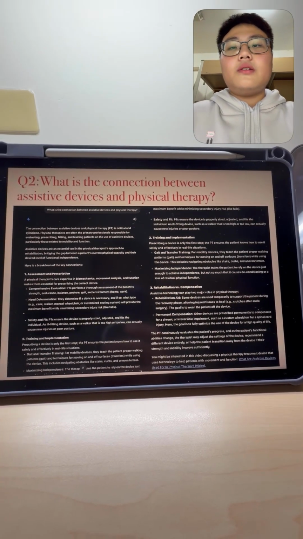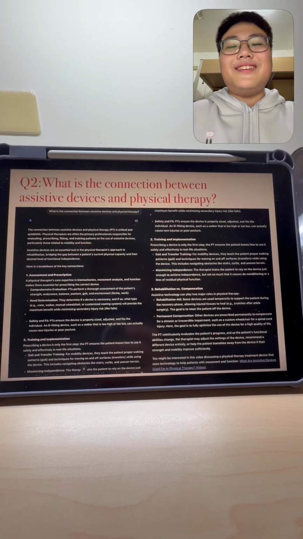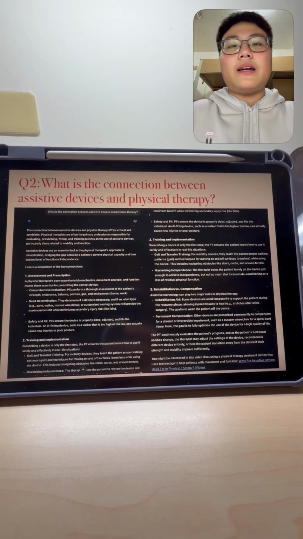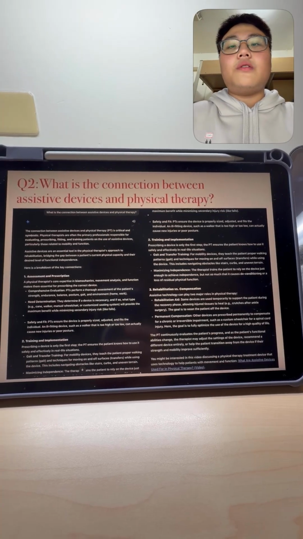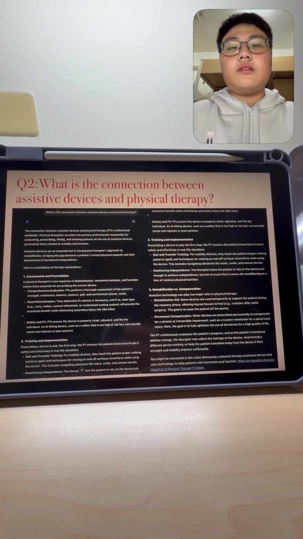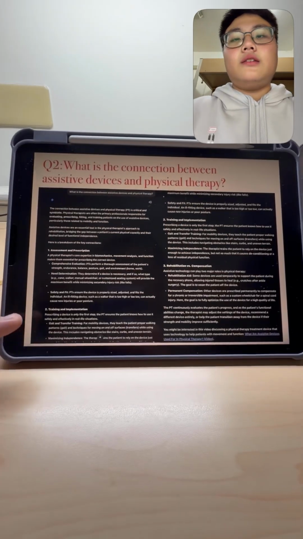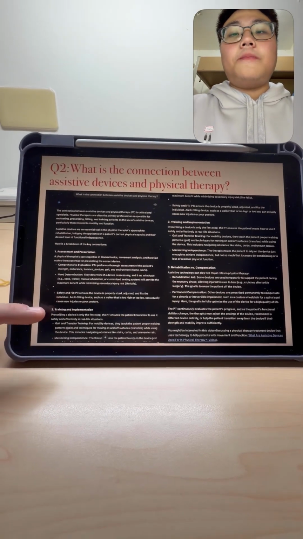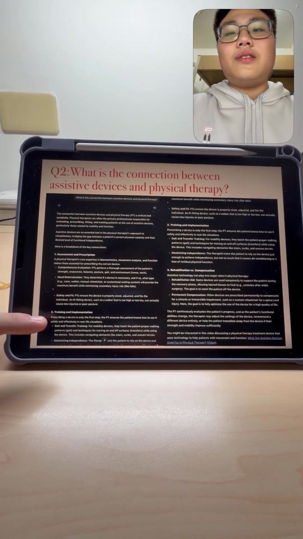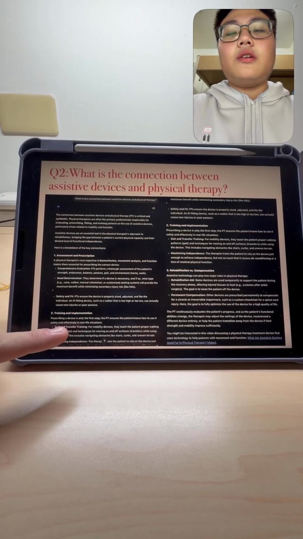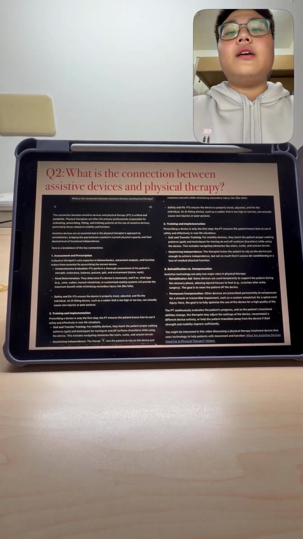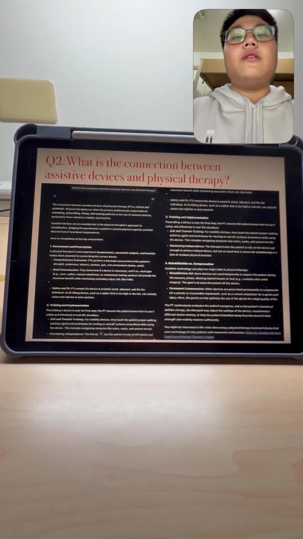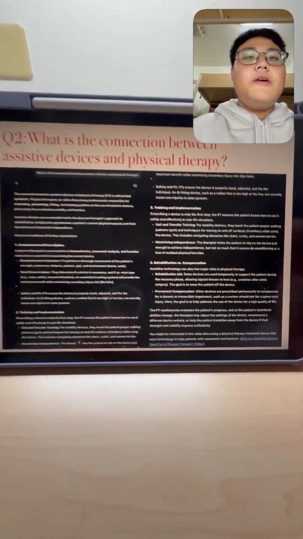A physical therapist's core expertise is biomechanics, movement analysis, and function, which makes them essential for prescribing the correct device. The second is training and implementation. Prescribing a device is only the first step, and PT ensures that the patient knows how to use it safely and efficiently in real life.